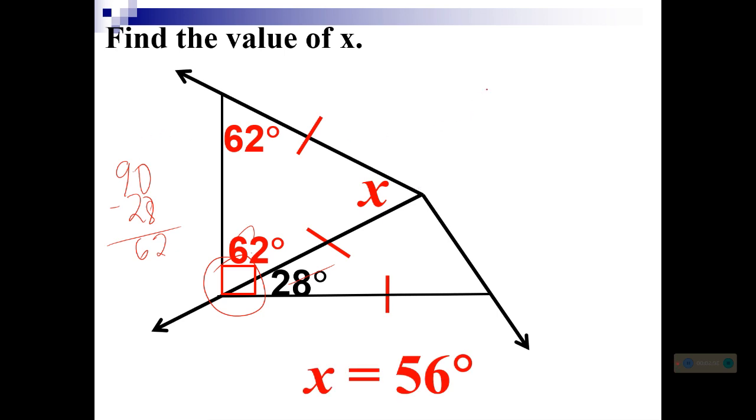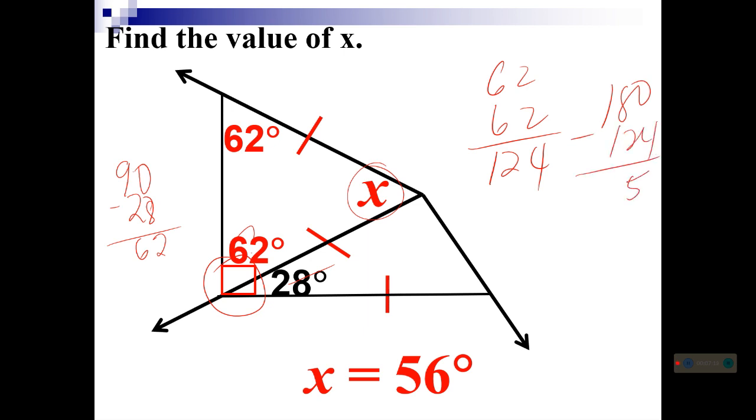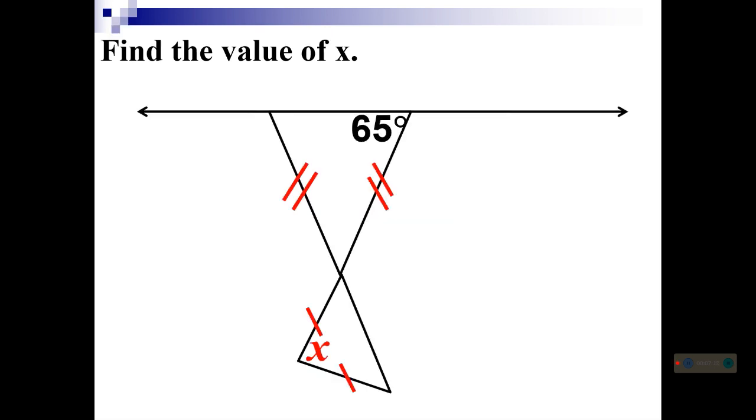Because you will have here 62 plus 62 is 124. Then, since we have here the missing vertex angle, you will have 180 minus 124 is equal to 56. Okay? Question?